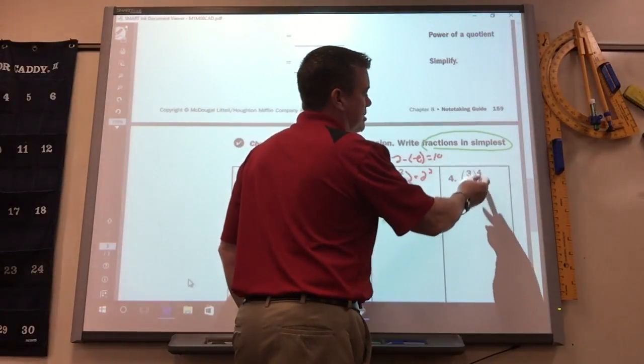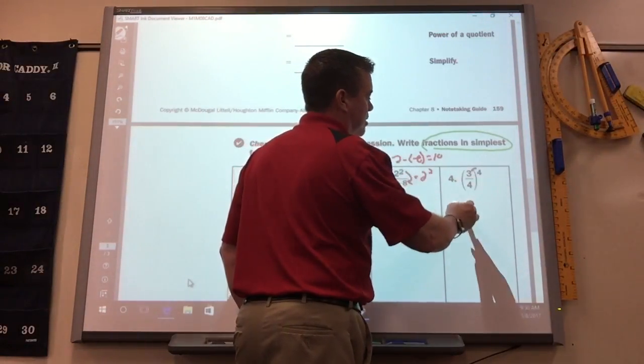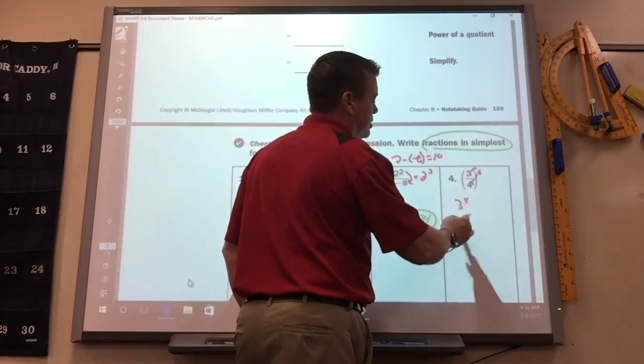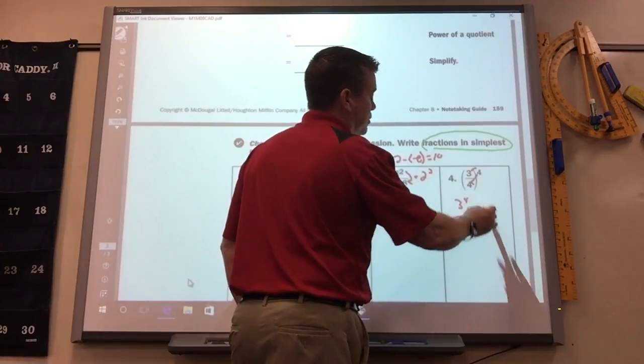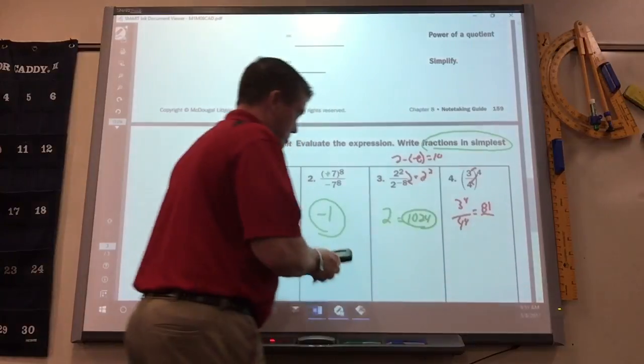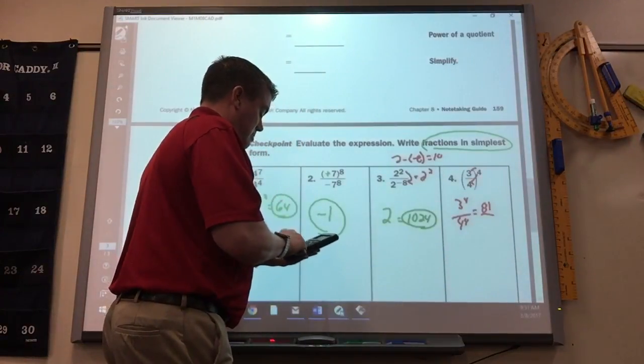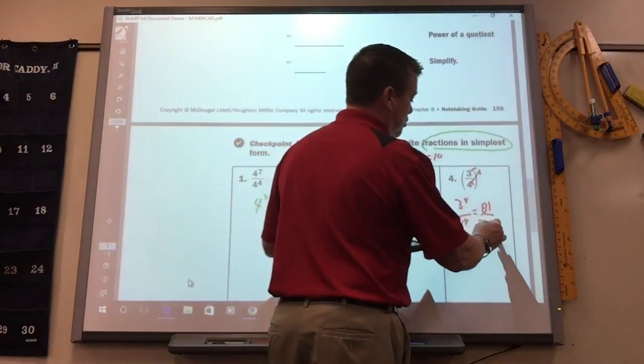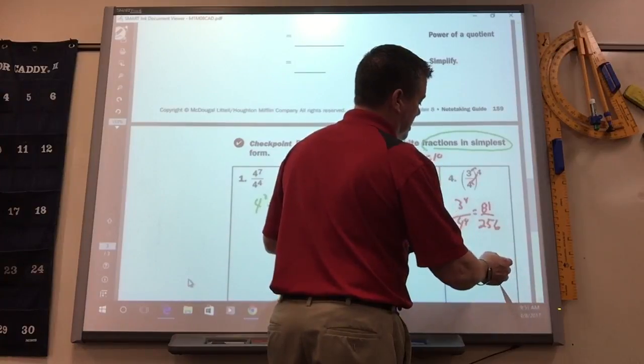This one, it's a fraction. All of it is to the 4th, so you have to take 3 to the 4th and 4 to the 4th. 3 to the 4th is 81 over 256.